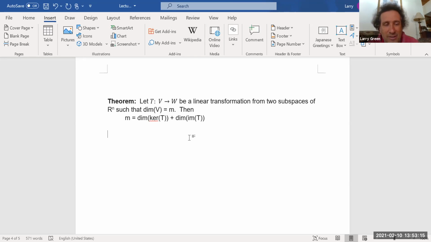So let me write this out. It's a very easy proof. Consider the matrix A corresponding to T. And we've already proven earlier that every linear transformation from Rm to Rn can be written as a matrix. Well, the dimension of the kernel of T then is called the nullity.